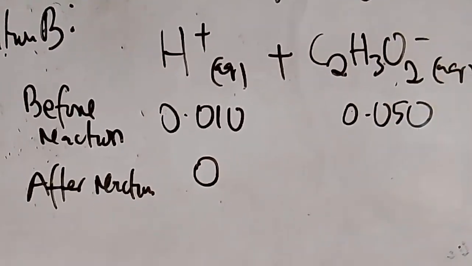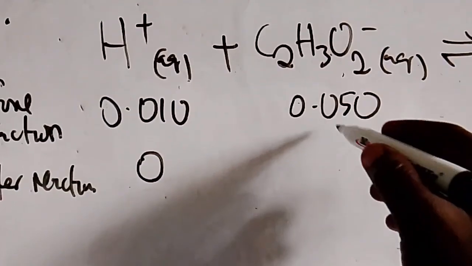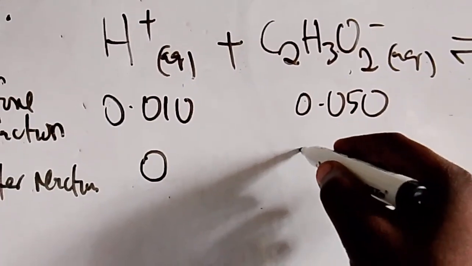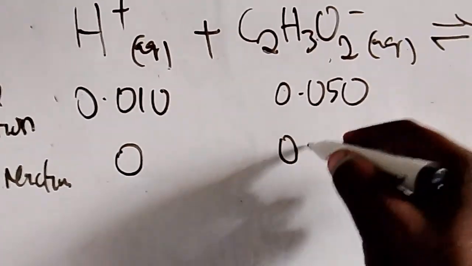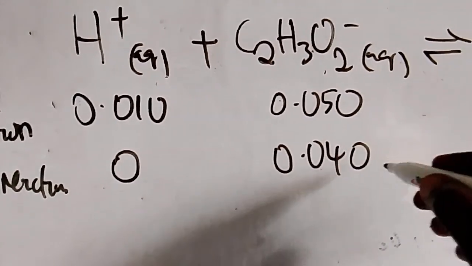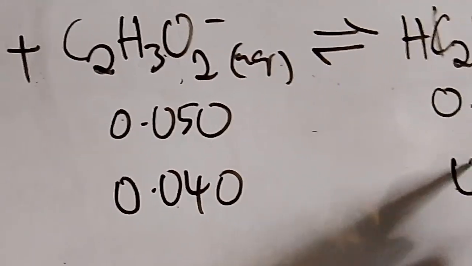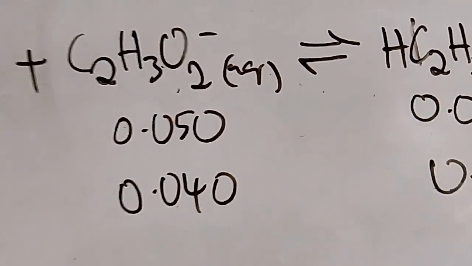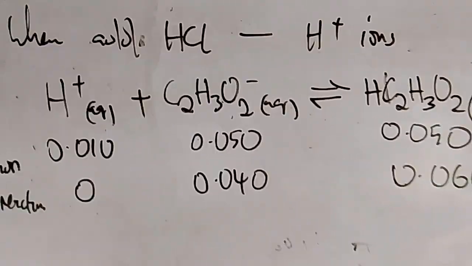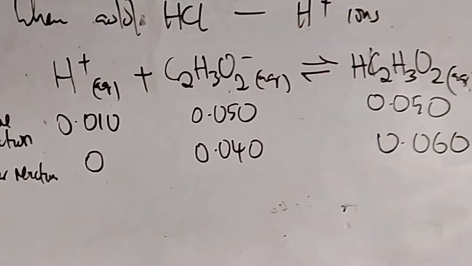Then now this minus that, since the acid is being consumed by the base, we are going to have 0.040. Then this one will increase it to 0.060. So these are the new equilibrium concentrations.